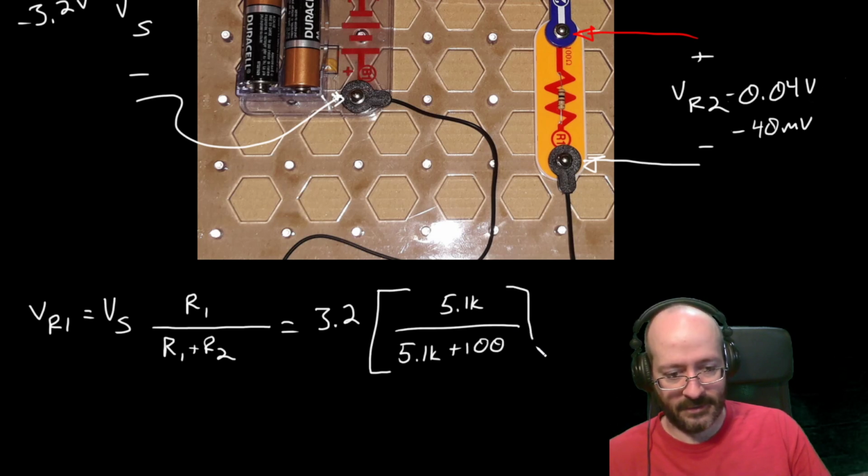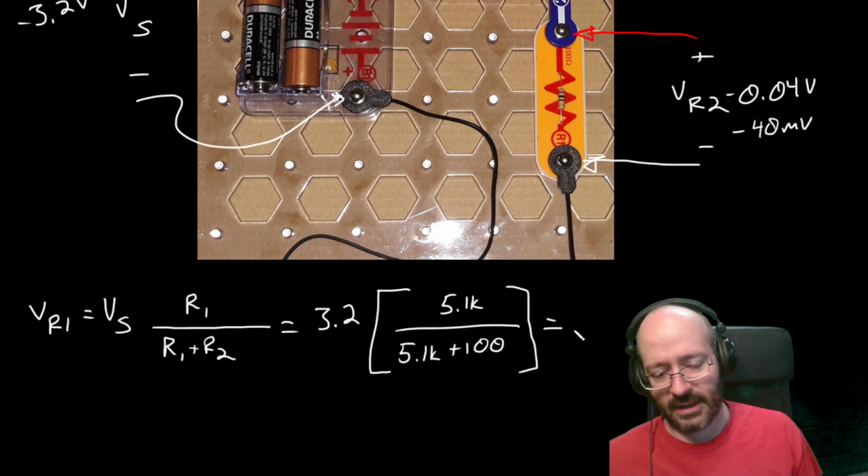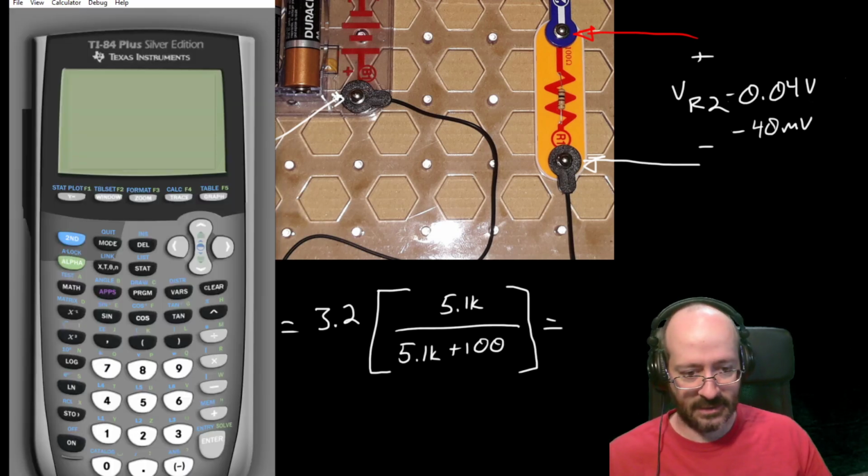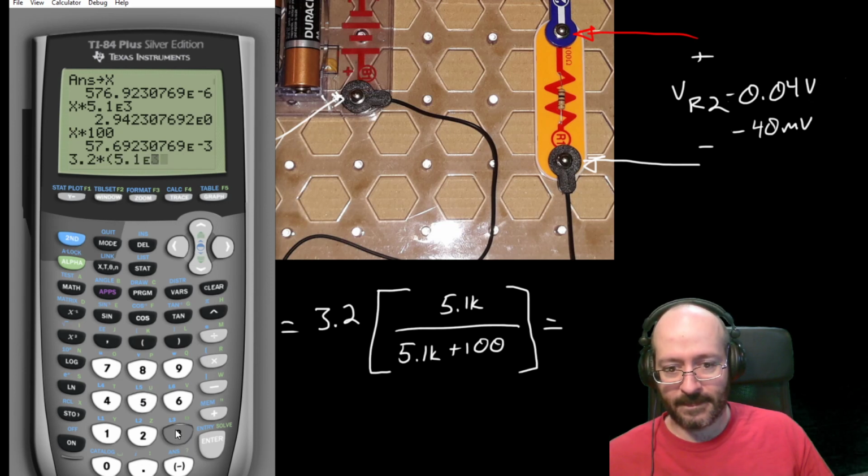Plus 100. Okay. And hopefully that matches what he got. Let's grab our calculator. 3.2 times 5.1K divided by 5.2K.